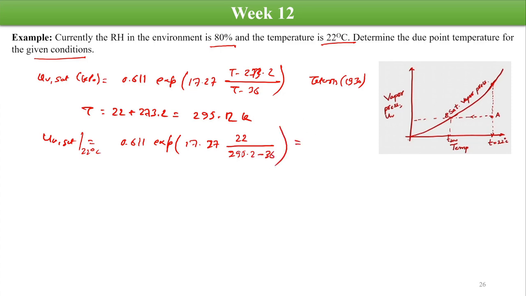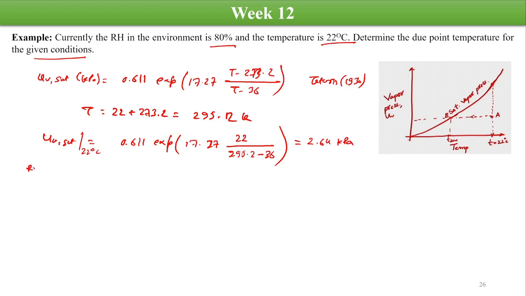So let's solve this one. Let's see how much Uv sat we are getting. Exponential of 17.27 multiplied by 22 upon 295.2 minus 36, into 0.611. So it will be 2.64. The unit will be kPa.